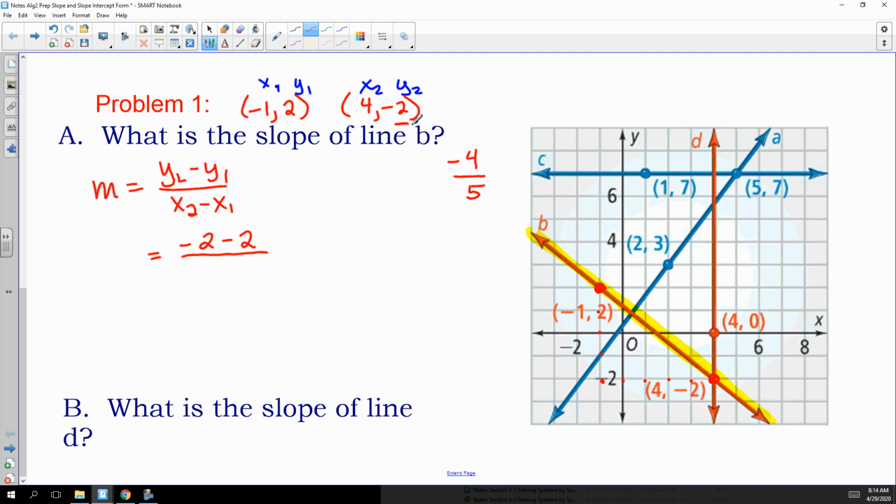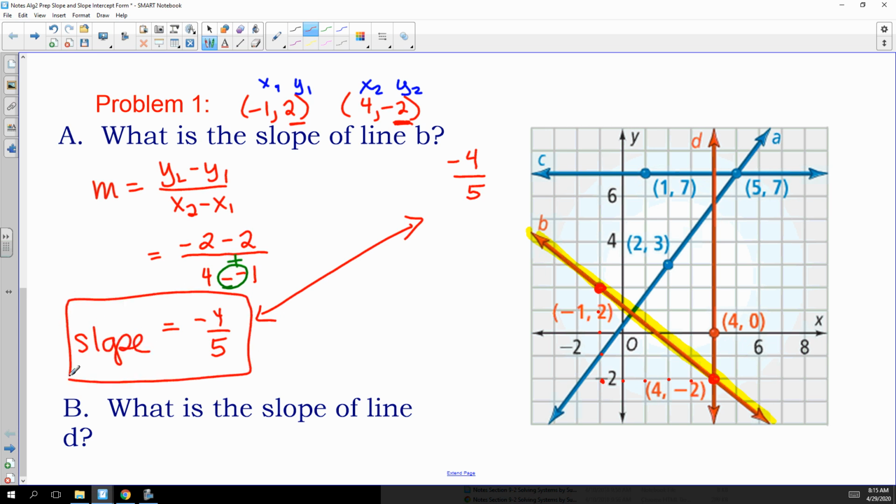So I used -2 as y sub 2, and +2 as y sub 1. So -2 minus 2 over 4, which was x sub 2, minus -1. Remember that that's going to become a positive, right? So then we have -4 over +5, which was the same slope that we got when we just counted it on the graph. Okay? All right.